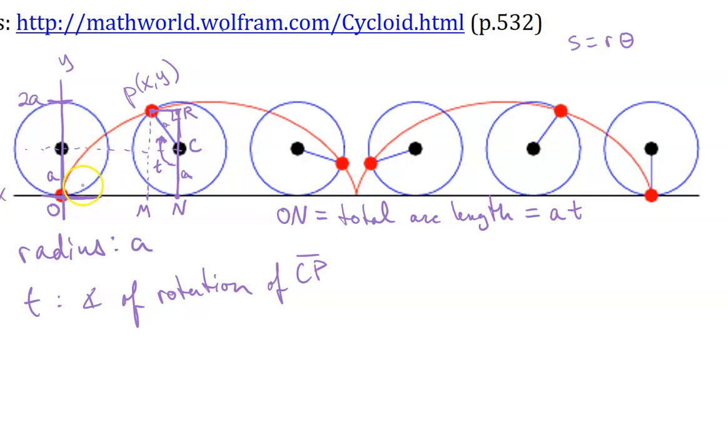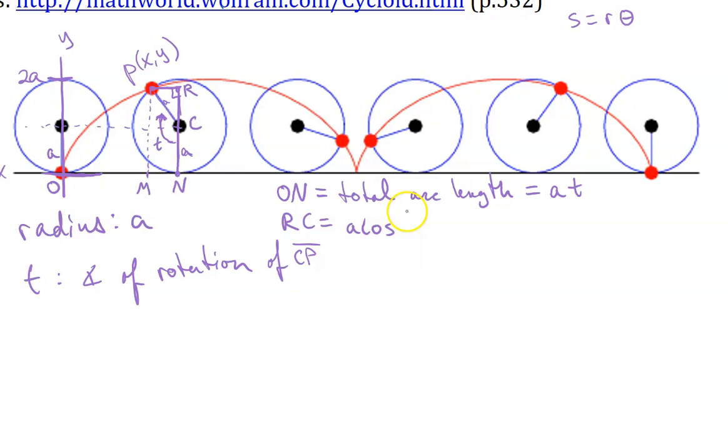Think of it as, as this rolls, the circle kind of flattens out. And then RC is this length right here, and we're going to use a trig function, using SOHCAHTOA. That's going to be A times cosine of, and this angle right here is half of a circle, so pi minus the angle of rotation.